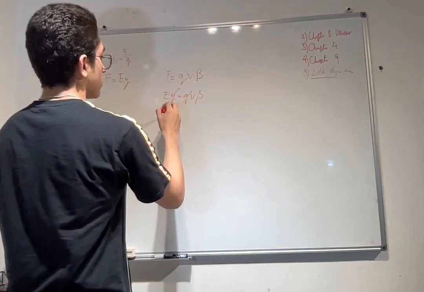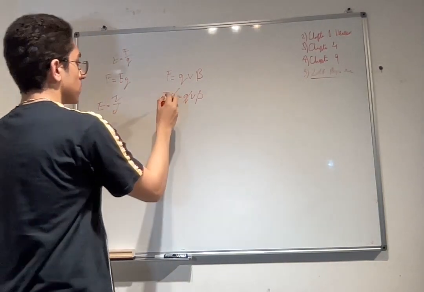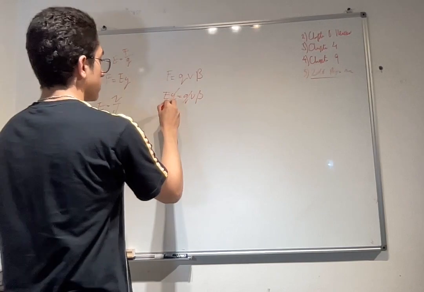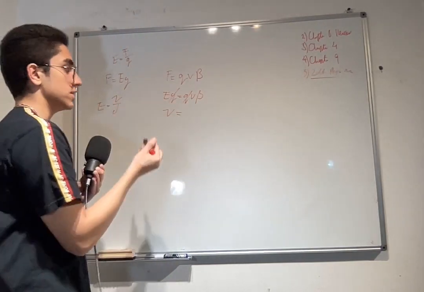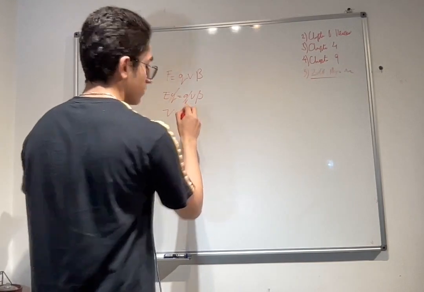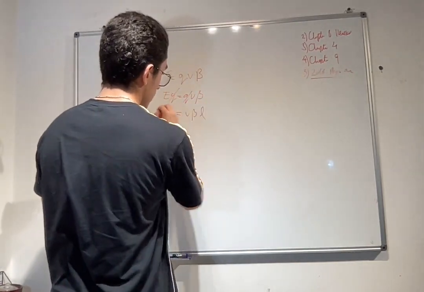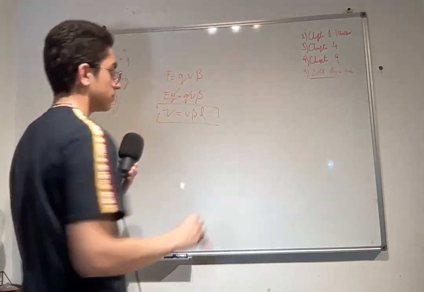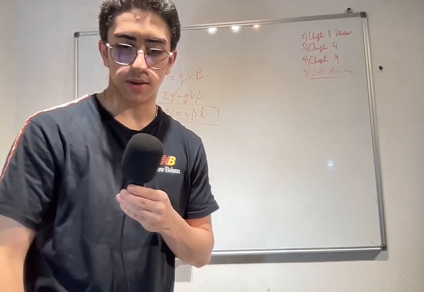The Q's cancel out, and we know E is equal to V over d. So we can substitute that in here. V is equal to, now d you can write instead as L, so it'll be exactly vBL. So you solve part B, the first part as well. Alright, I guess that's it.